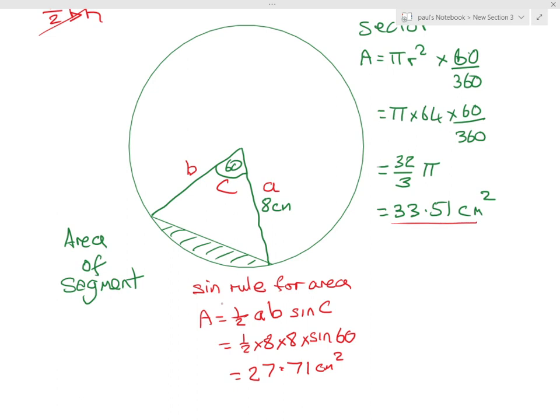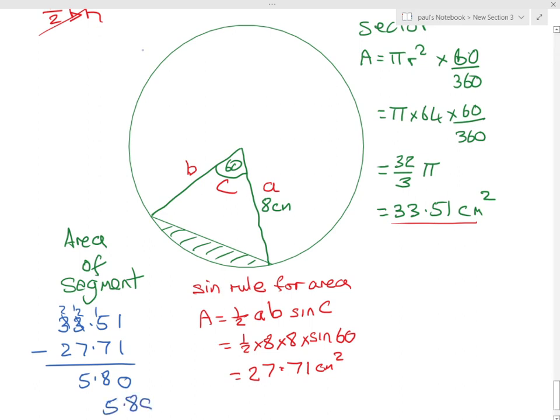So to find the segment, we need to subtract one from the other. So the segment is over here, so it's 33.51 minus 27.71, which is 5.8 centimeters squared is the segment area.